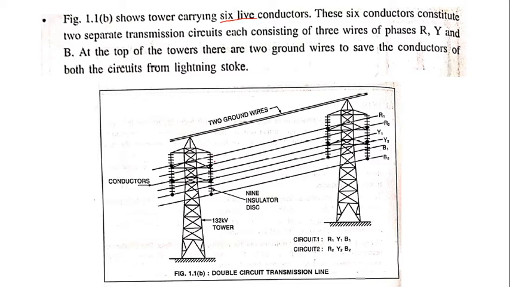These are 2 different circuits with phases R1, Y1, B1, and on the other side R2, Y2 and B2. To protect these 2 transmission lines, we provide 2 ground wires on top of the transmission tower. For circuit 1, the phases are R1, Y1 and B1, and for circuit 2, we have phases R2, Y2 and B2. So this is called a double circuit transmission line.